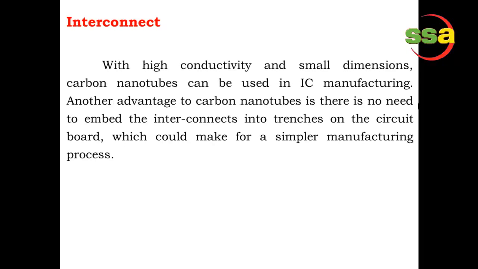Next, interconnect. With high conductivity and small dimensions, carbon nanotubes can be used in IC manufacturing. Another advantage of carbon nanotubes is that there is no need to embed the interconnects into trenches on the circuit board, which could make for a simpler manufacturing process. And we see that nowadays microelectronics are already gone, nano-electronics is now running.